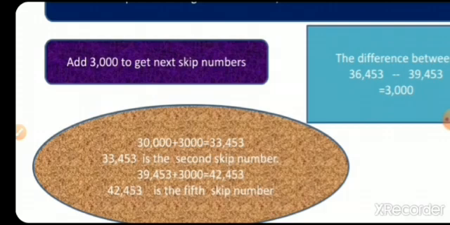This is the second skip number. Now we find the fifth skip number. The fifth one's previous number is the fourth number, 39,453. To 39,453 we add 3,000, the difference, then we get 42,453. This is the fifth skip number.